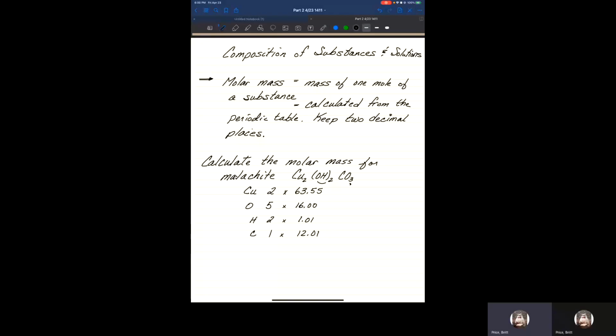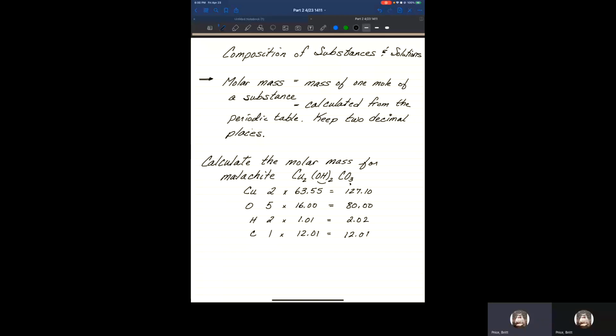Now at this point in time, once you have that set up, I'm okay if you don't want to write down the 2 times 63.55 equals 127.1, or that 16 times 5 is 80, or that this is 2.02, or this is 12.01.